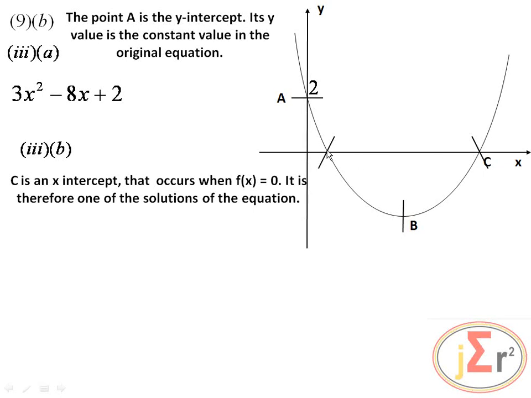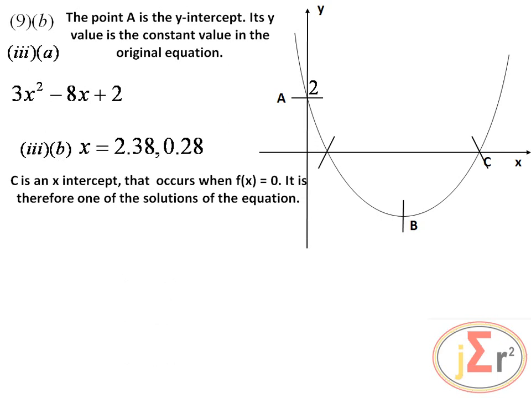So we are sure that we have two of them, but C is only one of them. So C is an x-intercept that occurs when f of x is equal to 0. It is therefore one of the solutions of the equation. There we have the solutions of the equation, and C is one of them, because C is an x-intercept.